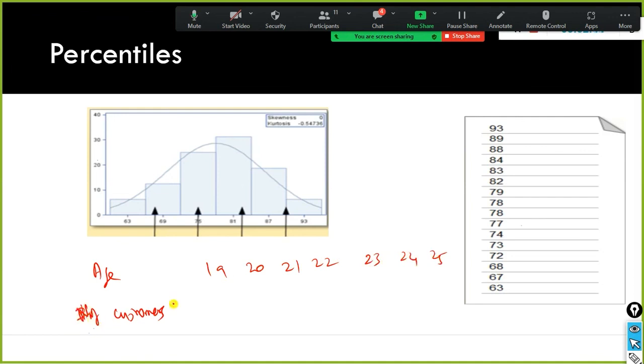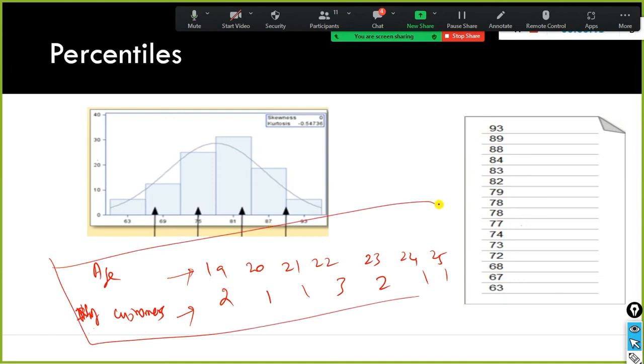Number of customers here, let us say 2, and here I'm going to put 1, 1, 3, 2, 1, 1. Now for age, you need to find the Q1, Q2, Q3 and tell me what they are. Here I have given a table of values. How will you do that?